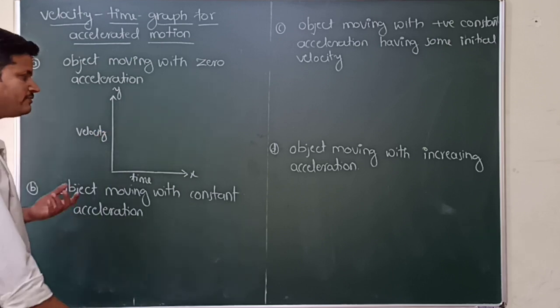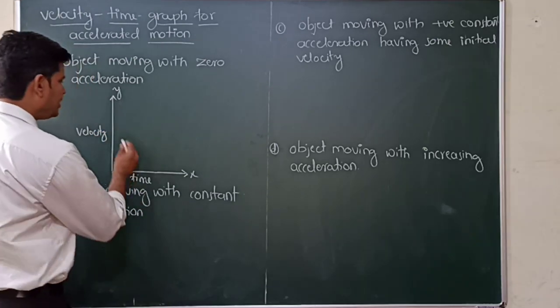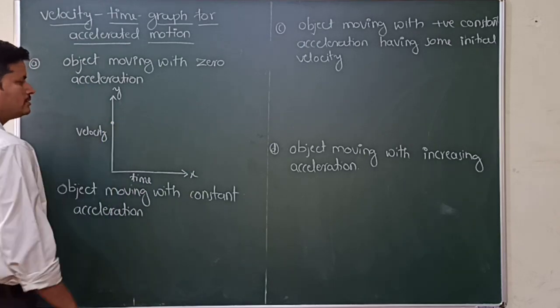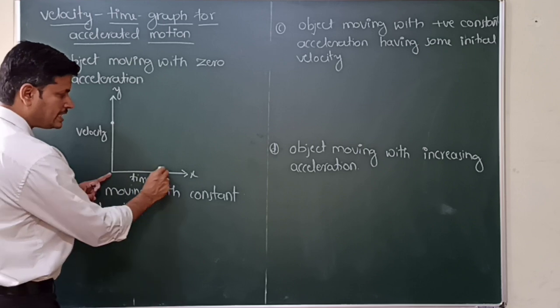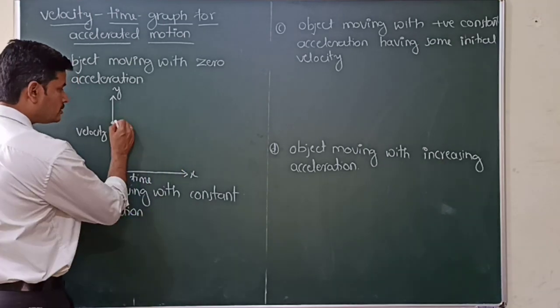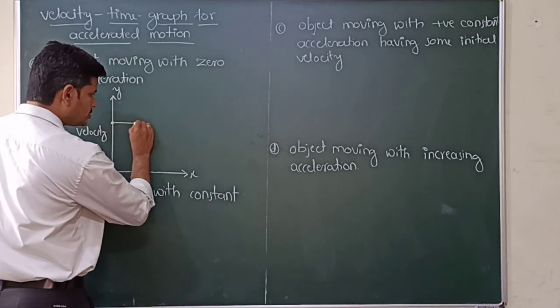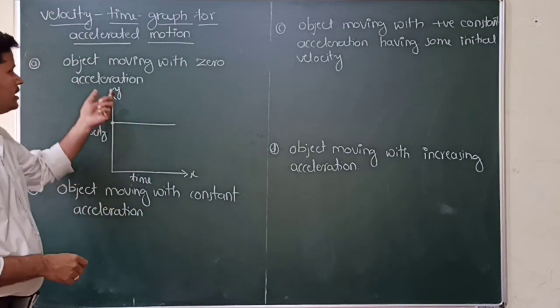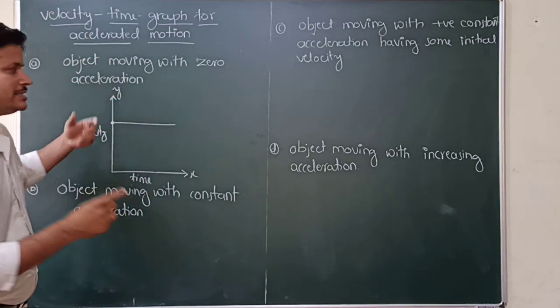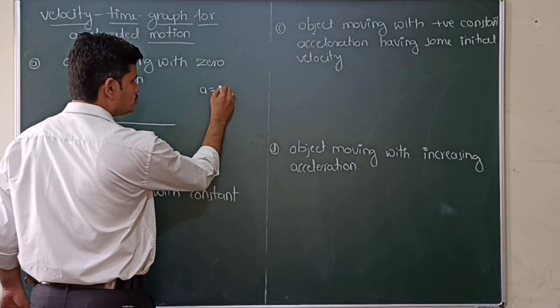Correct? If the object has a certain initial velocity, however the time changes, the velocity does not change, velocity remains the same. That means acceleration is 0. Acceleration is equal to what?